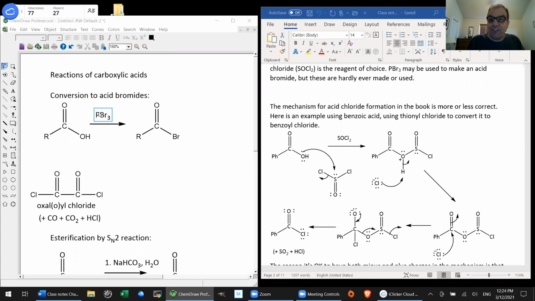I'm sure that's the first step. What about then maybe a bromine adding into the carbonyl carbon? And one way or another, the phosphorus atom is going to get rid of this OH group and replace it with bromine. So it's not a complicated mechanism. I just don't think we really need to worry about it for a relatively unimportant reaction. But phosphorus tribromide is the reagent of choice.